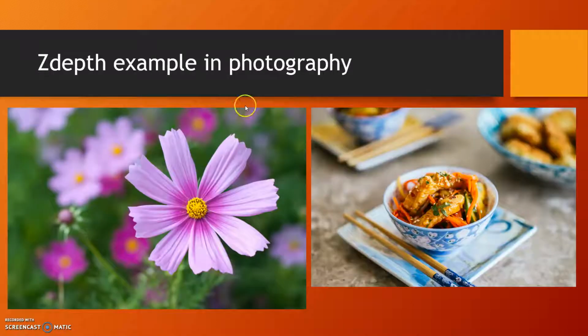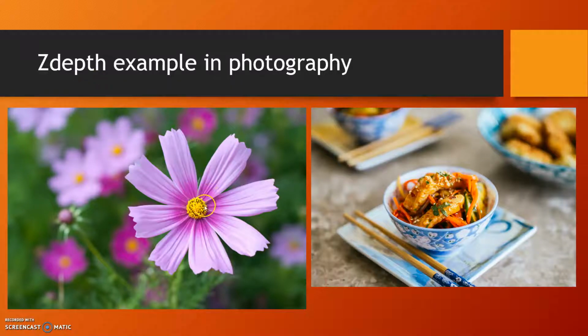Now, a more practical example of how the Zdepth is used in a picture: if you look at this flower picture, you can see the camera or the image focuses on this flower on the right, whereas the rest of the flowers are blurred. So you can tell there is a depth to it.